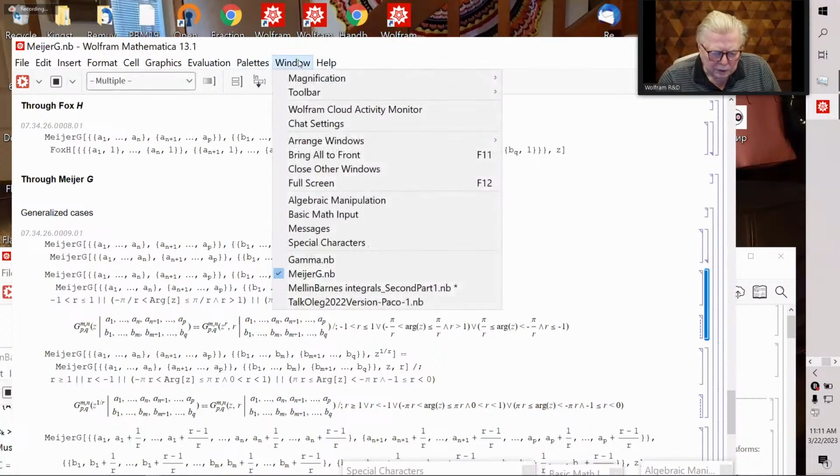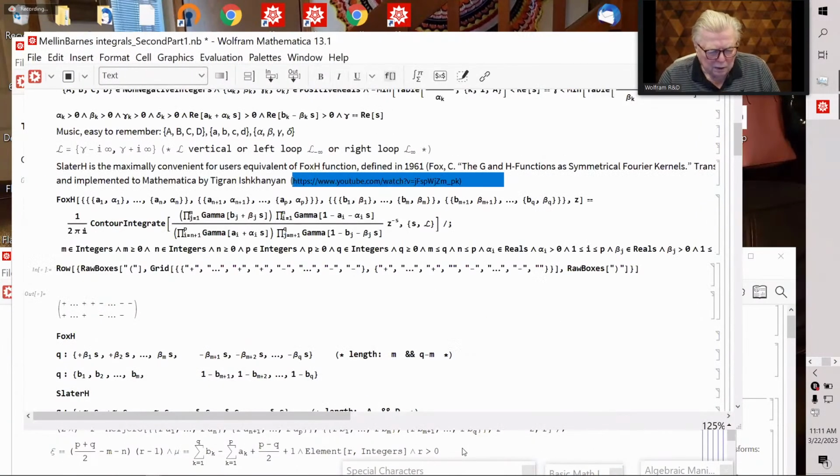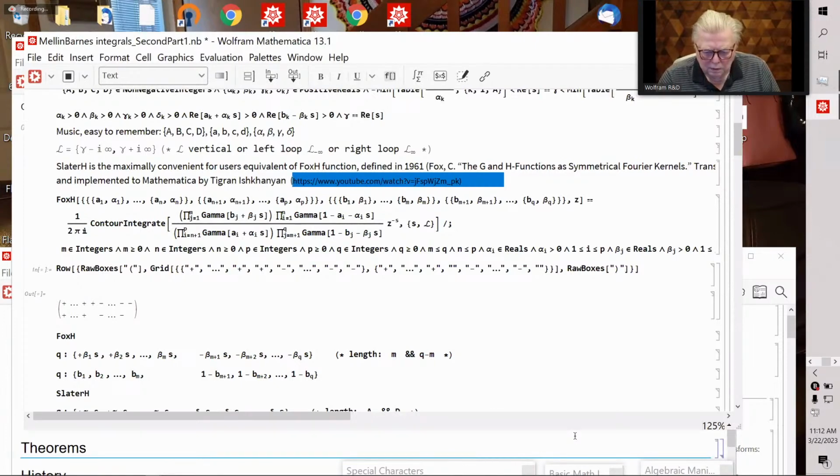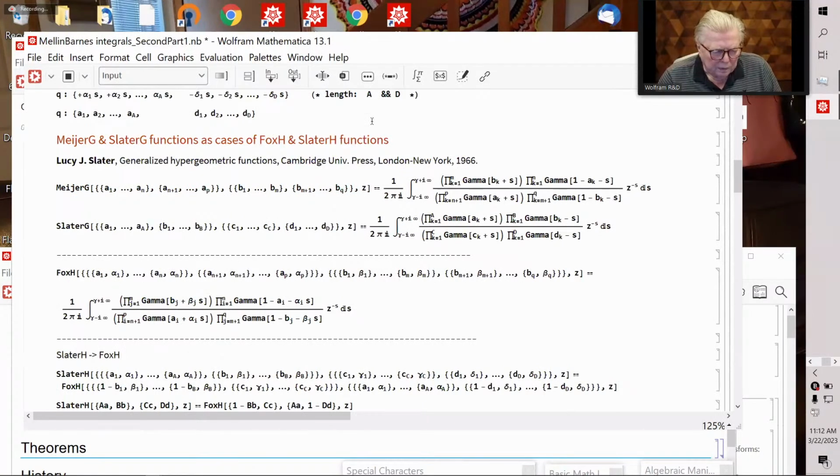Okay, let me return back to my file. Okay, I gave the name SlaterH function to this function, and a similar function I called SlaterG.